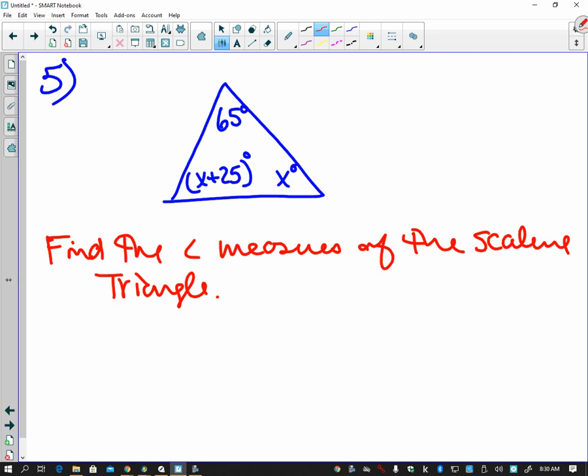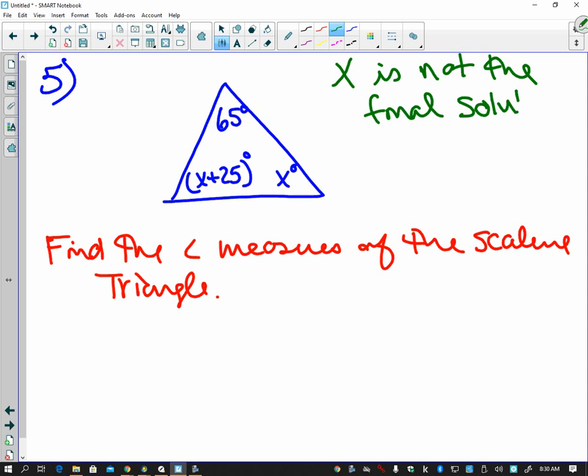Okay? So I'm going to put up here, x is not the final solution, because there's nothing more frustrating for you or me than doing all kinds of really good work and not getting the right answer because we stopped too early.